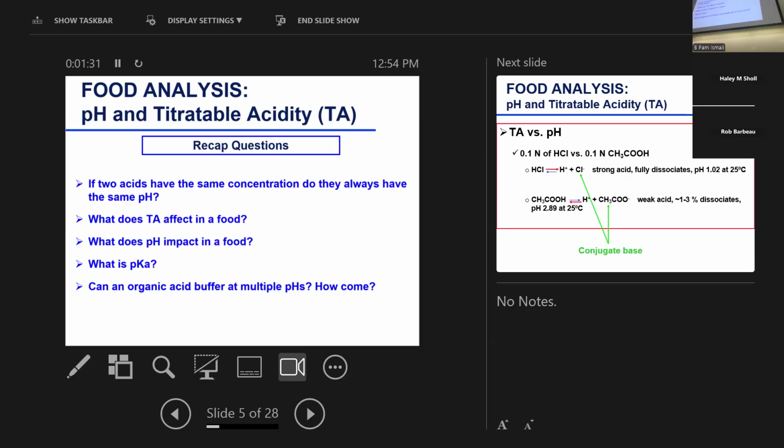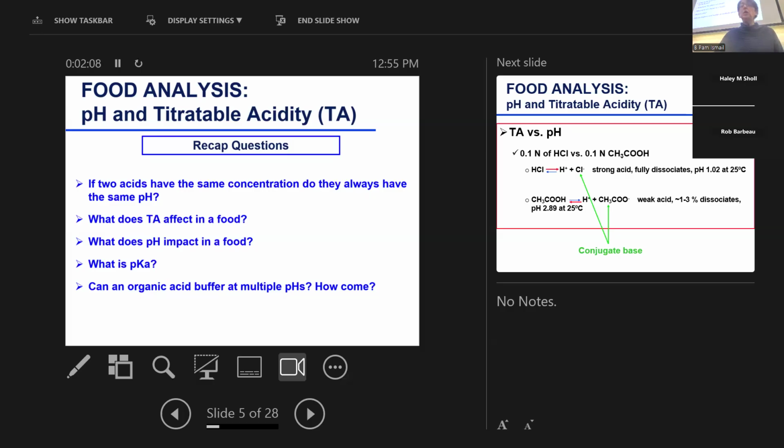So you might have acetic acid and you might have HCl. HCl is highly dissociative, dissociates almost completely, whereas the acetic acid is the organic acid, it doesn't dissociate completely. So the free hydrogens in solution will be less in an organic acid setting versus a strong acid. So they might have the same concentration, but they will not have the same pH. Not necessarily.